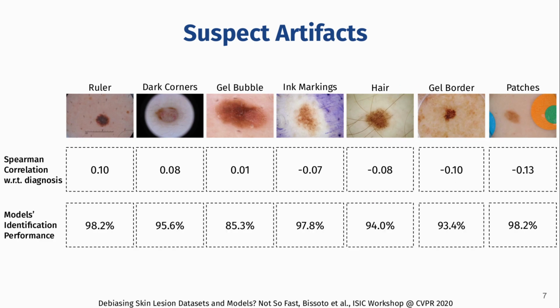We also verified if the network can identify the presence of such artifacts in the dataset. So we trained individual networks for each one of those artifacts, trying to identify their presence or not in each image, and the performances were very high, achieving over 98% AUC in some cases.